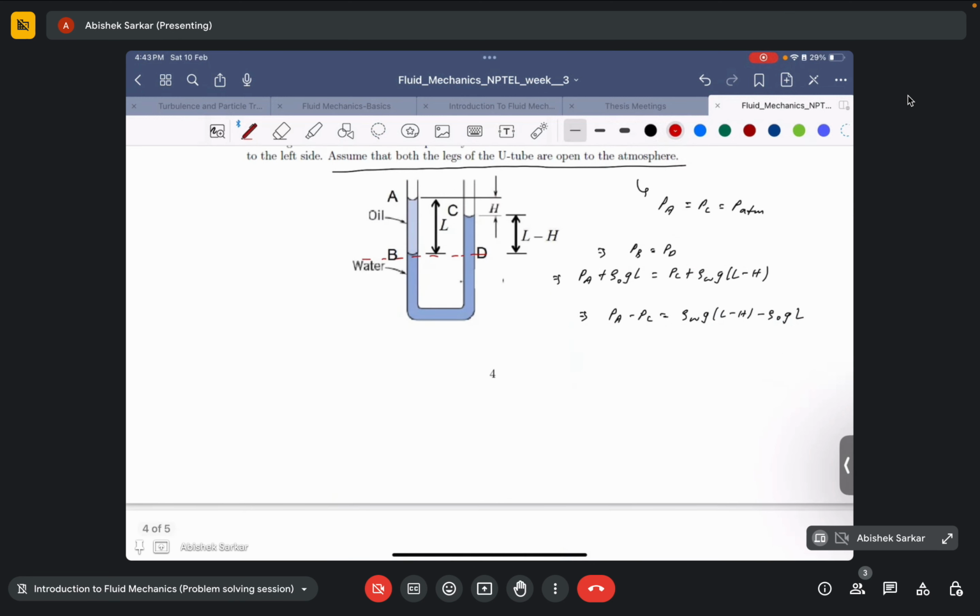So this basically means that PB would be equal to PA plus rho oil g L. Is it correct? So if you go from this statement to this statement, it basically means that PB is equal to PA plus rho oil g L, right? Yes, sir. So we can write PB minus PA is equal to rho oil into g L.